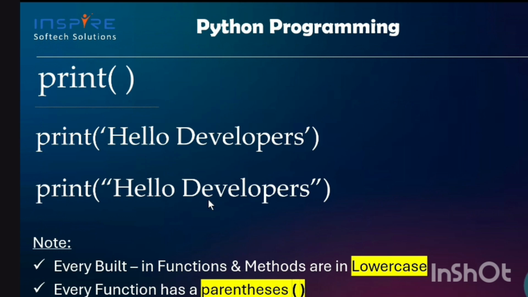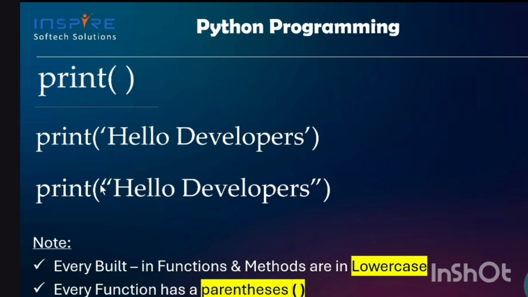Just say print, open parenthesis, single quotation, hello developers, and we can print it. Even we can print in double quotations, print open parenthesis, double quotation, hello developers, close parenthesis.